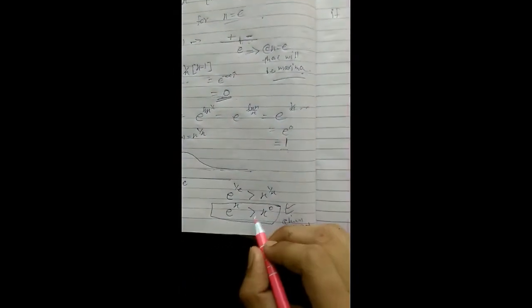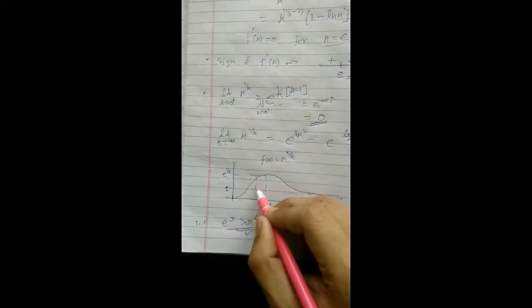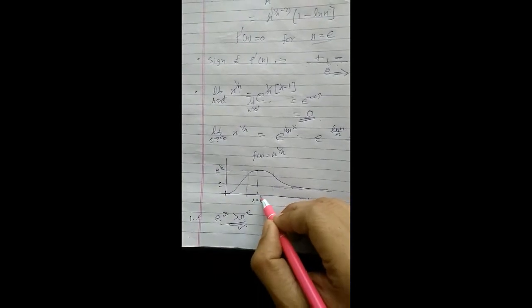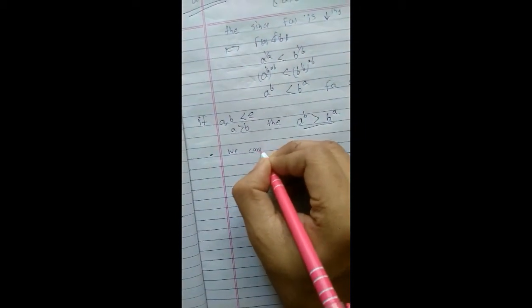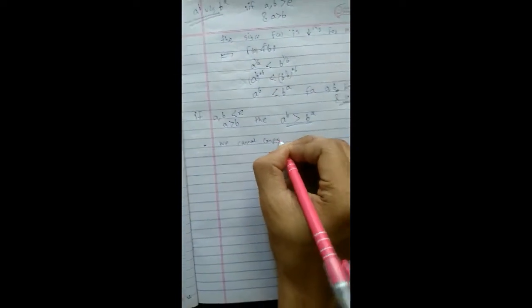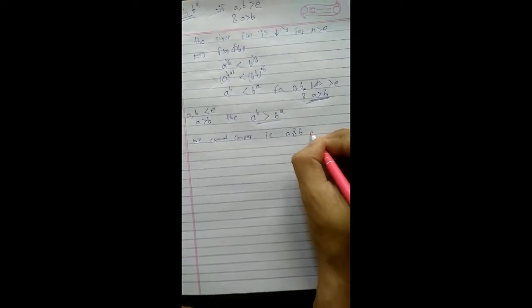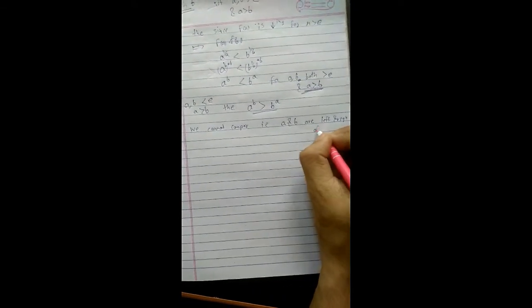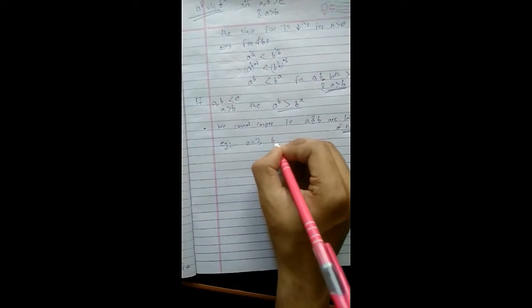But we should keep in mind that e raised to power x is always greater than x raised to power e for any positive x. And now the question arises, if a and b are on either side of e, i.e. one greater than e and one less than e. So the simple answer is we cannot compare if a and b are left and right of x equal to e. For example, say a is equal to 2, b is equal to 3.